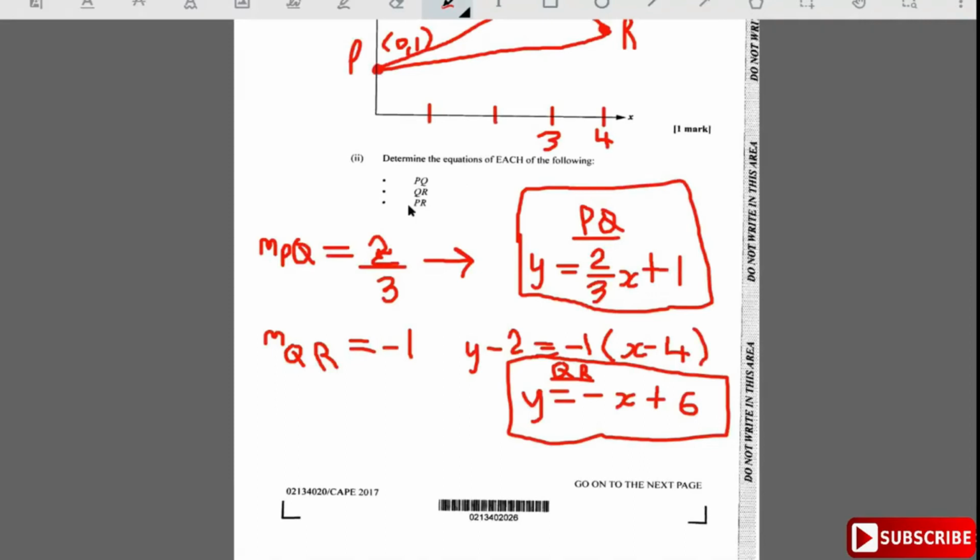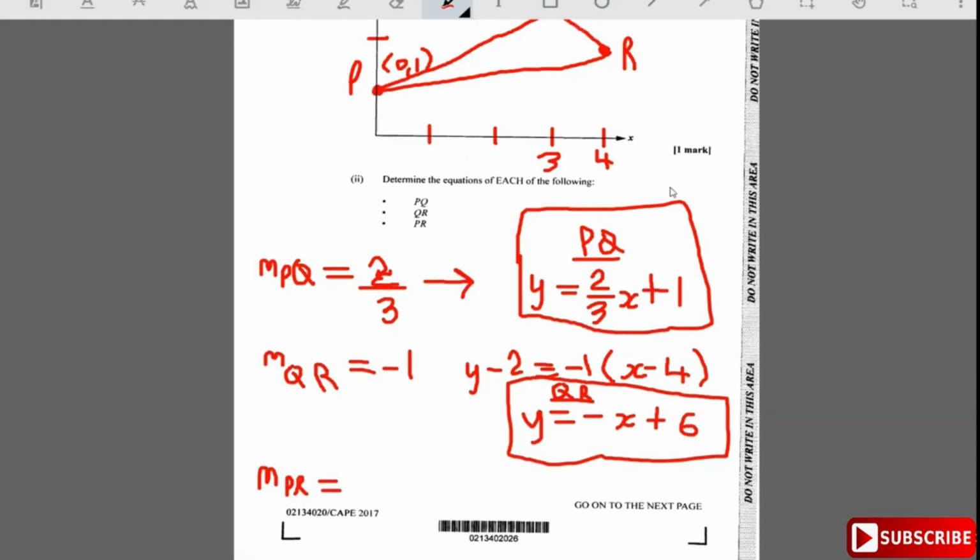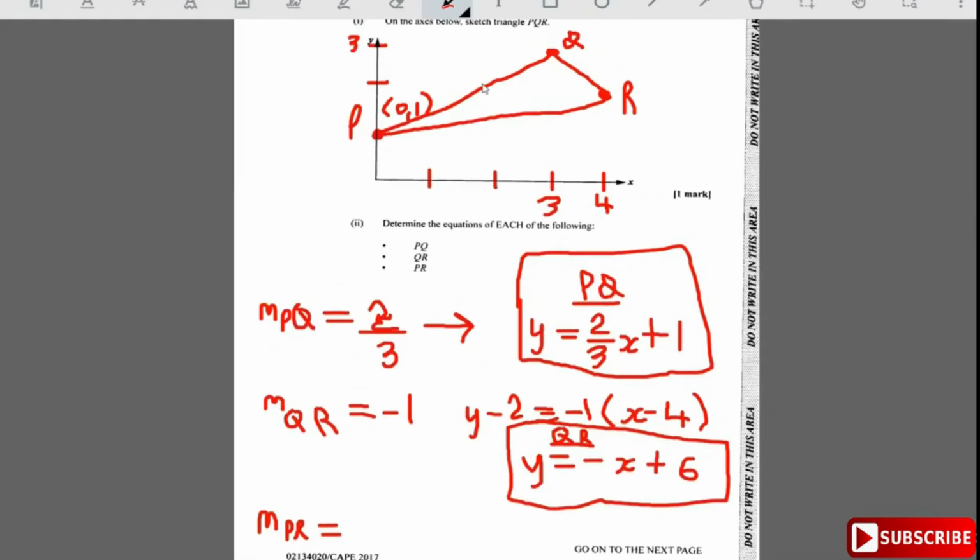So we have one more equation to find. Now we need the equation of PR. First we need the gradient of PR, which is rise over run. This is P and this is R. It rises from 1 to 2, so it rises by 1 and runs by 4.